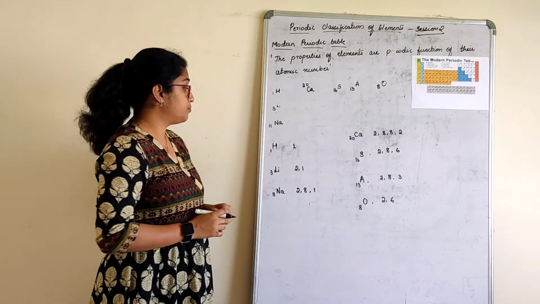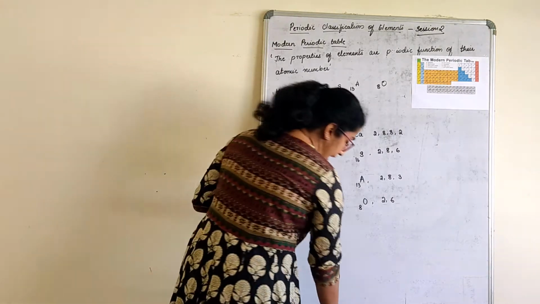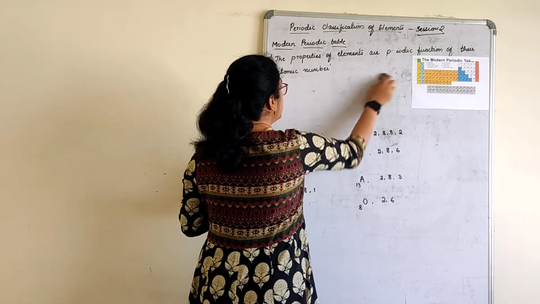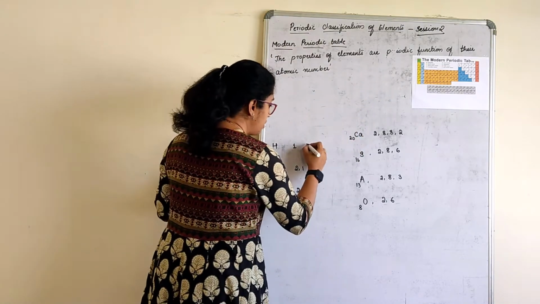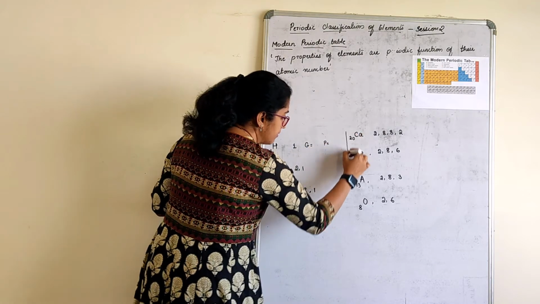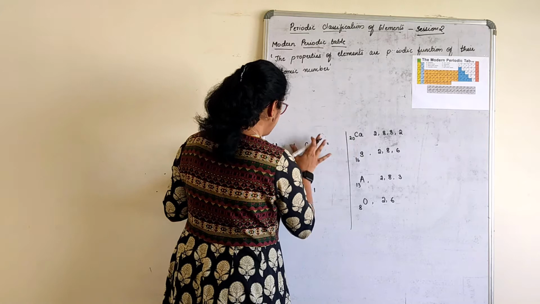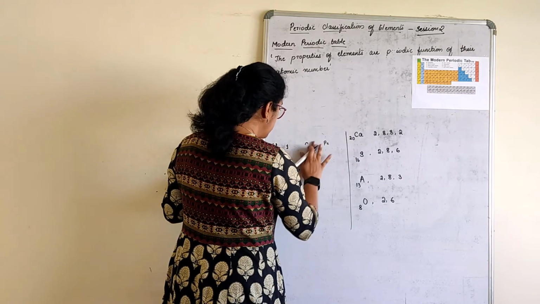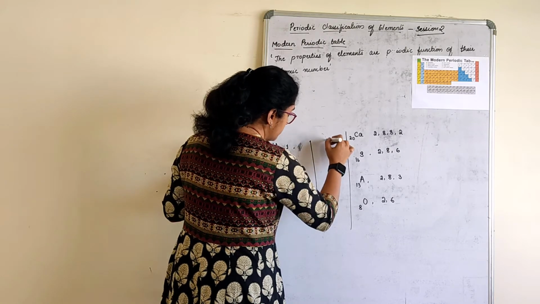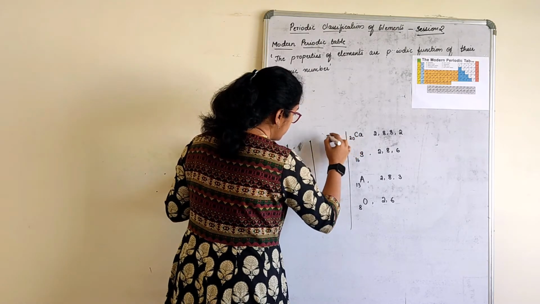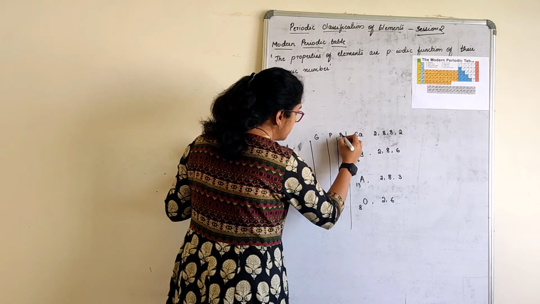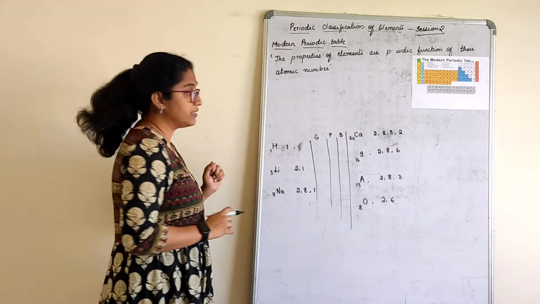Now, first of all, let us identify which group they belong to. So I will write here group, then period, and block, which I wanted here.